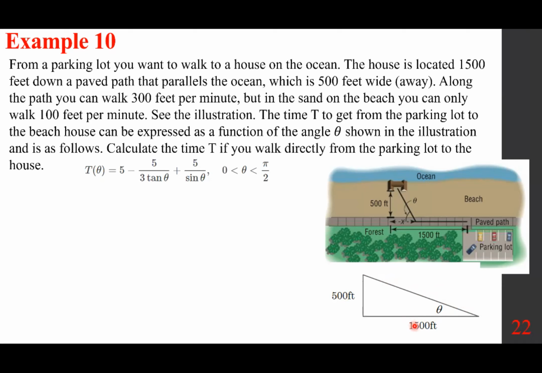The opposite over the adjacent. And 500 over 1,500 is 1/3. If you want to go with the circle that we found, we're going to go with y and x in essence.